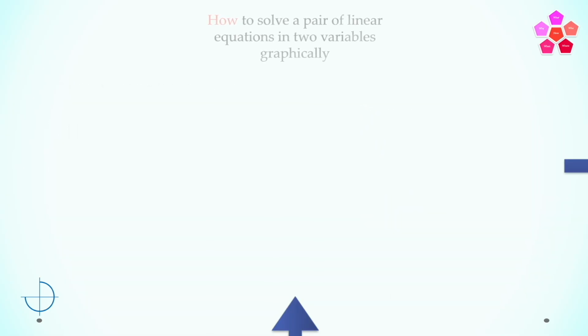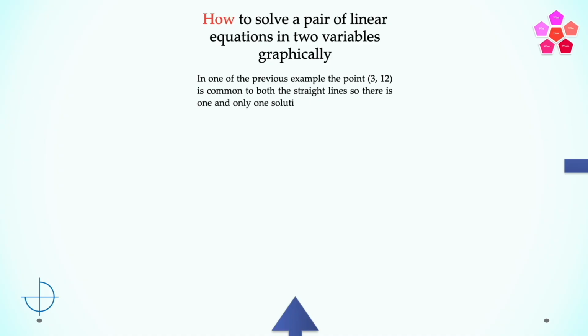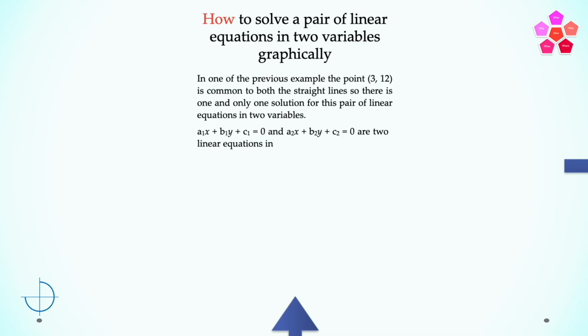How to solve a pair of linear equations in two variables graphically? Graphical method of solution of a pair of linear equations is, in one of the previous examples, the point 3, 12 is common to both the straight lines, so there is one and only one solution for this pair of linear equations in two variables. a1x plus b1y plus c1 is equal to 0 and a2x plus b2y plus c2 is equal to 0 are two linear equations in two variables, x and y.